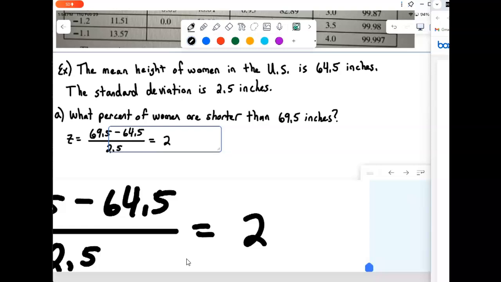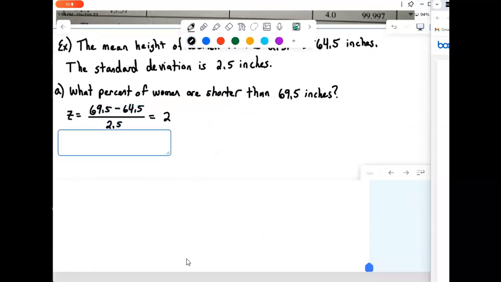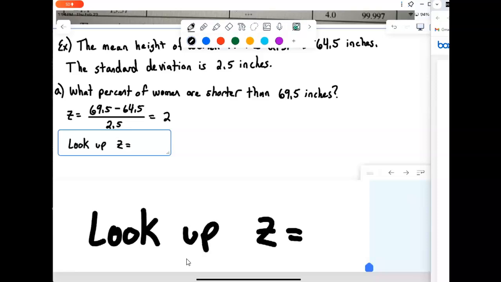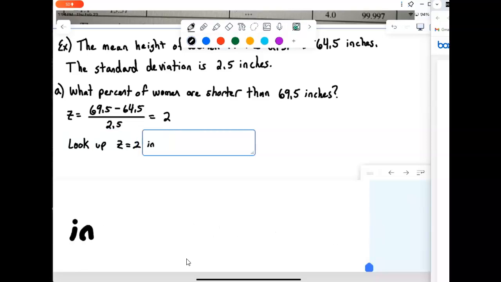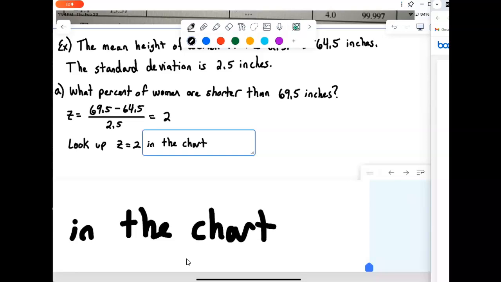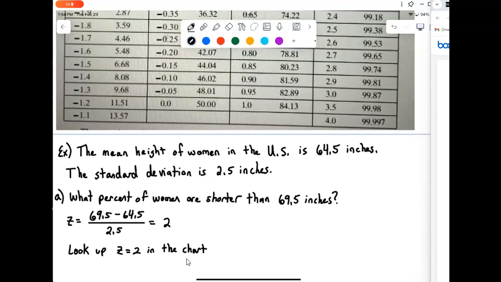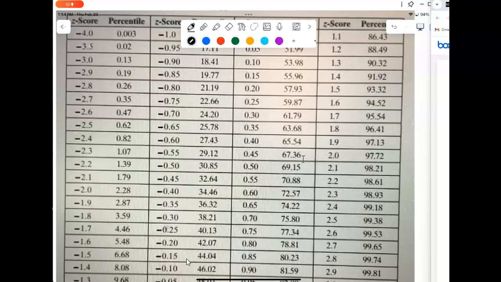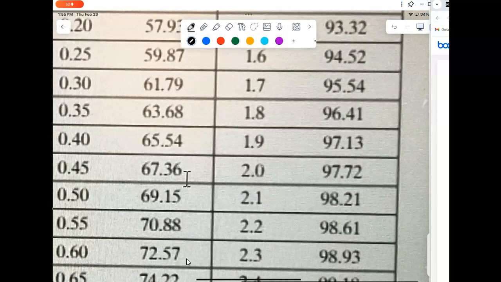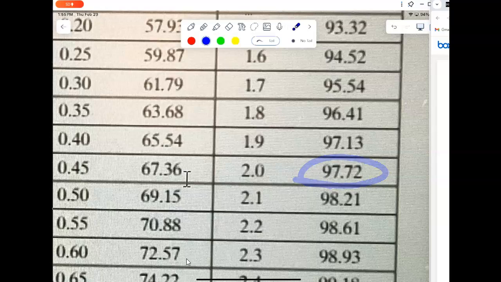Then what we're going to do is look up that value in the chart. So we're going to look up z equals 2 in the chart. Let's go up and do that. I have my chart right up above me, and I'm going to find a z value of 2. So there it is, z equals 2. I look at my percentage there, and from the chart I get 97.72.